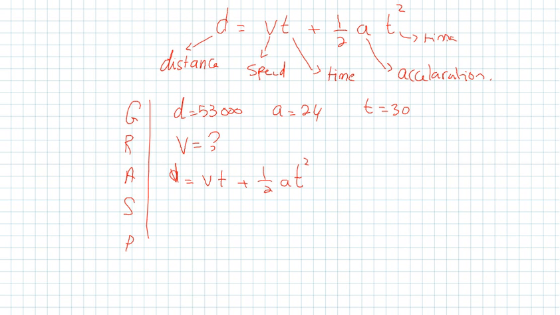No. What's T? 30 seconds. Plus half, acceleration is 24, and T is 30 seconds. You see how I have replaced every letter with the number that it represents? We call this substitution. I'm substituting the letter with the number.